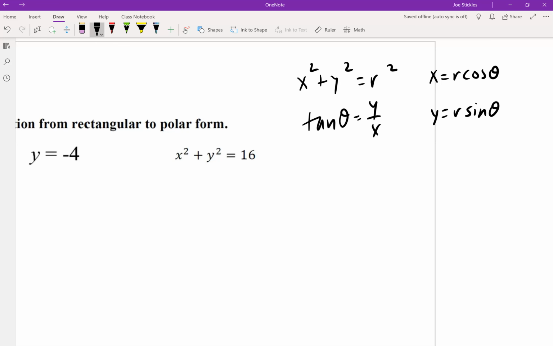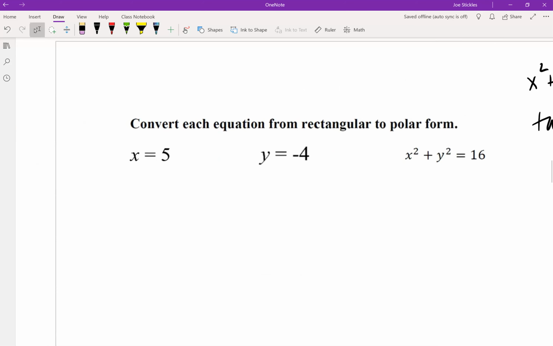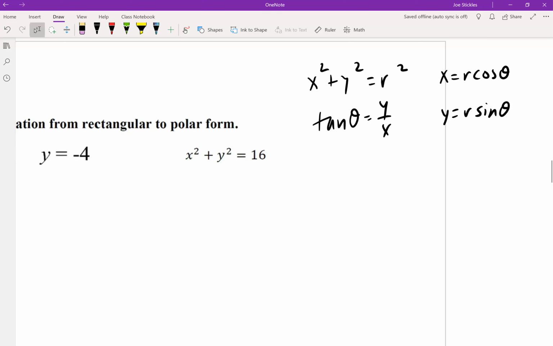Okay, so let's go over to this one. Rectangular to polar. One of the things I notice is all I have is a single x here. If I go over to the first two equations that we wrote down, I don't have a single x. Everything that has an x also has a y in it, right? So the only equation that has a single x in it is this one right here.